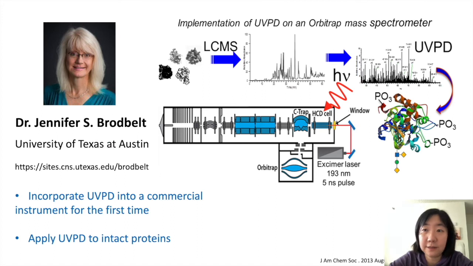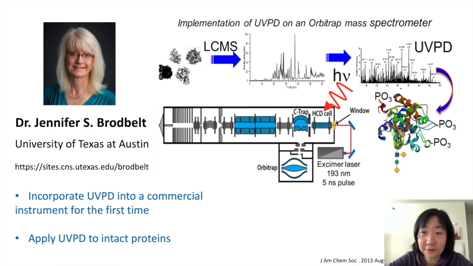Dr. Jennifer S. Brodbelt is the person who invented the commercial instrument with an optional part of UVPD and applied it to intact proteins. She is a professor of chemistry at the University of Texas at Austin.